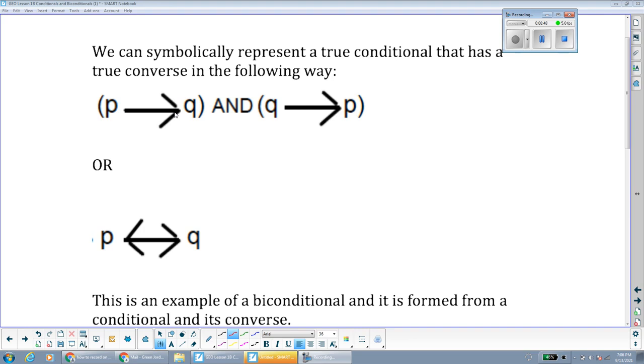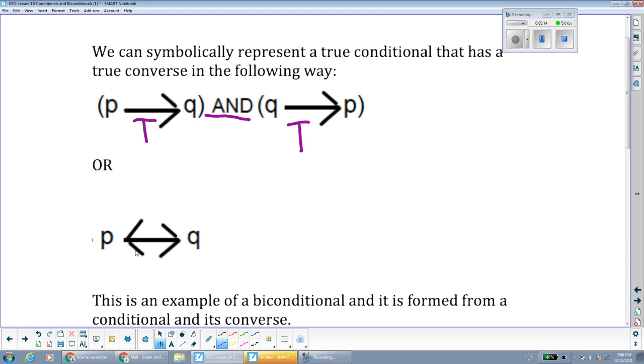I'll write here T for true. And if Q then P, which means that the converse of the original conditional is also true. Or, to simplify this and write this in a more coherent way, P if and only if Q.